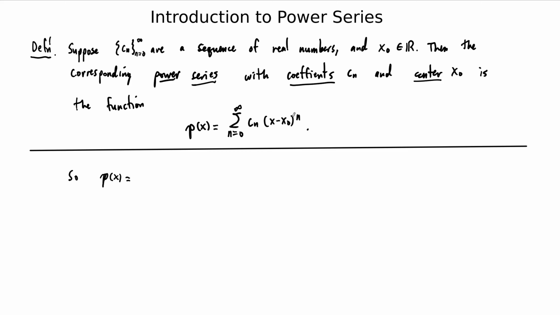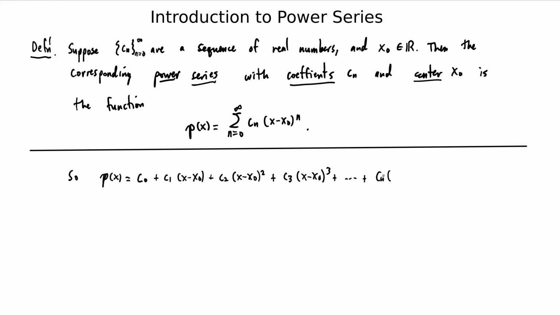Anything to the 0 power is 1. So this is just going to be the constant term, plus the next term, when n is equal to 1, we get the next coefficient, C1, times x minus x naught to the power 1. So that's just the linear term. And then the next term is C2 times x minus x naught squared, plus the next term, C3 times x minus x naught cubed, and on and on.